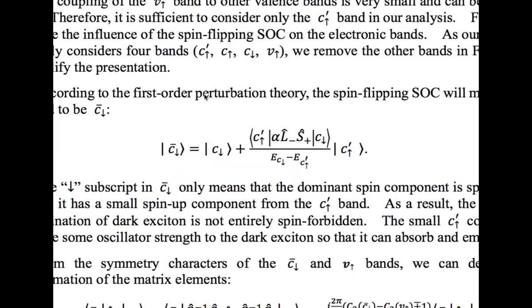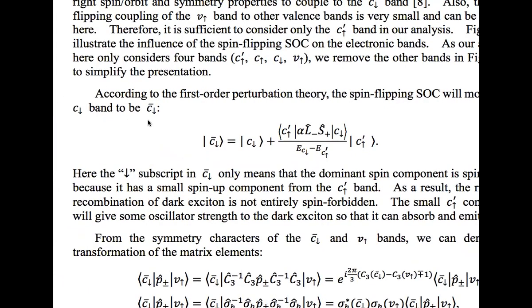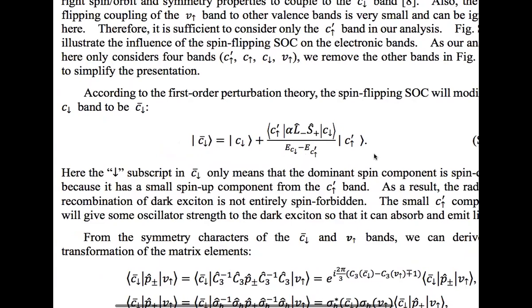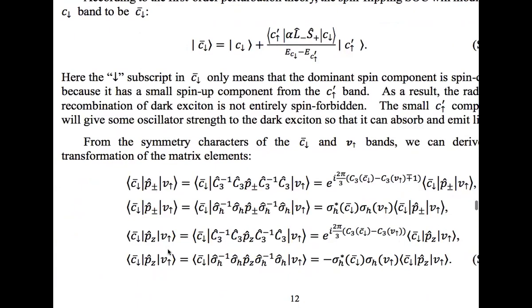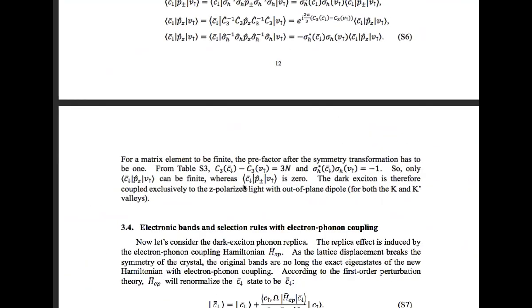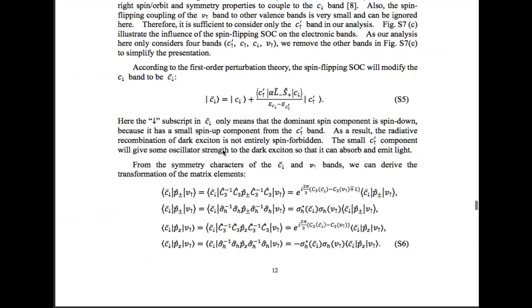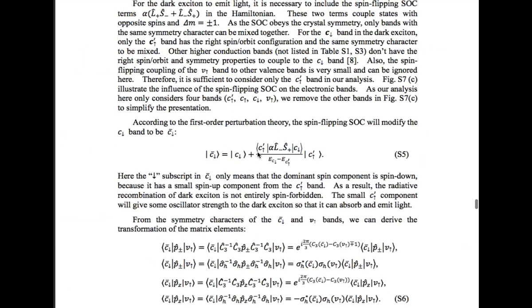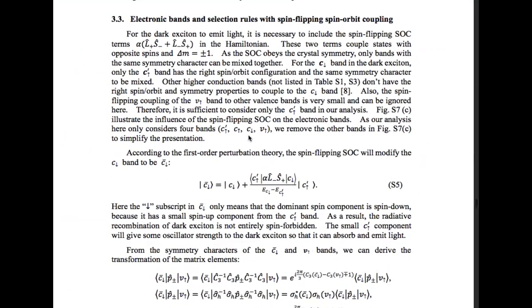I said according to first order perturbation theory, the spin flipping spin-orbit coupling modifies this band to this, and then this is the part. Then I have the selection rules here. Some of the information I included here; if you're interested, you can read it and have more understanding.